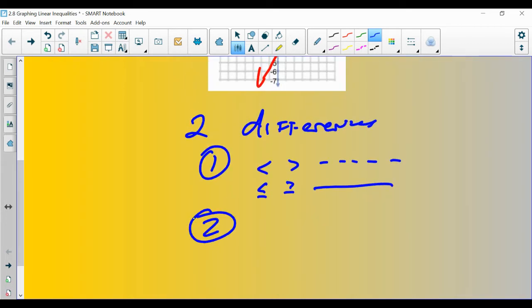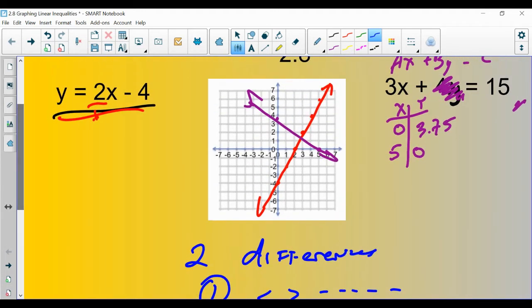The second one is that we are going to shade solutions. What do I mean by that? Well, let's talk about what a graph actually represents. So this y equals 2x minus 4, this red graph here, every point along this line is a solution to this equation.